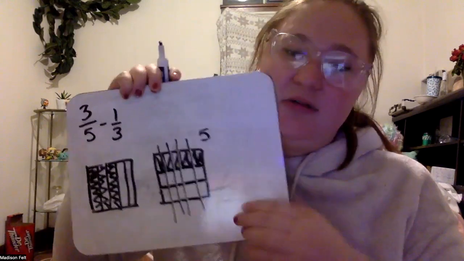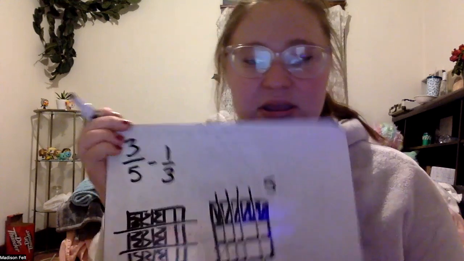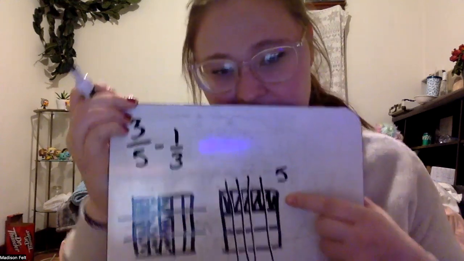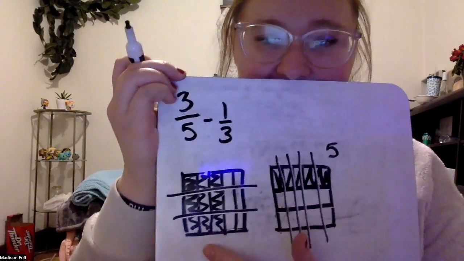Now, what we're going to do is flip it around, and we're going to partition this one into thirds. So 1, 2, 3, and now it's partitioned into thirds. And since there are 5 shaded in here, I am going to cross out 5 here, and we'll see what we have left.